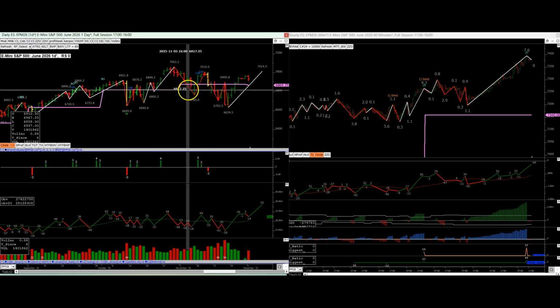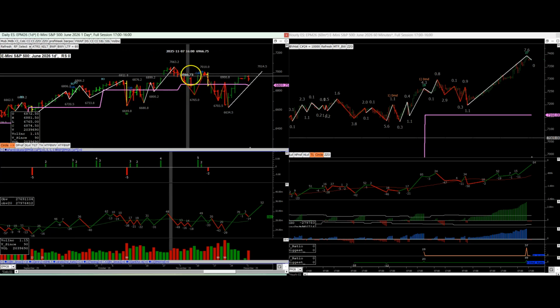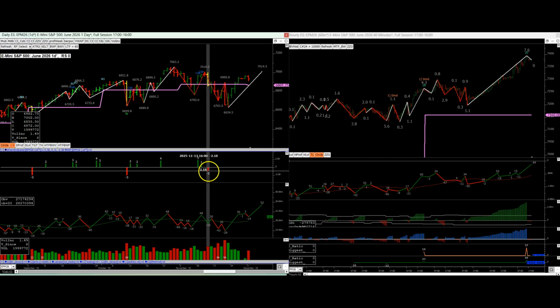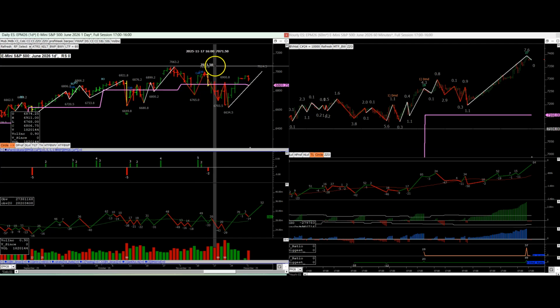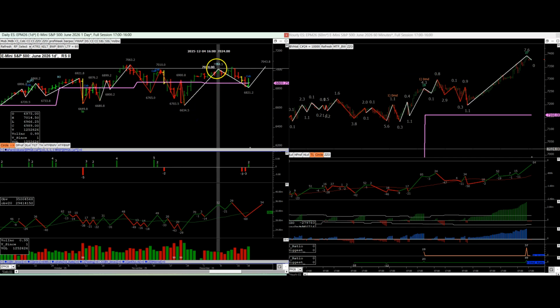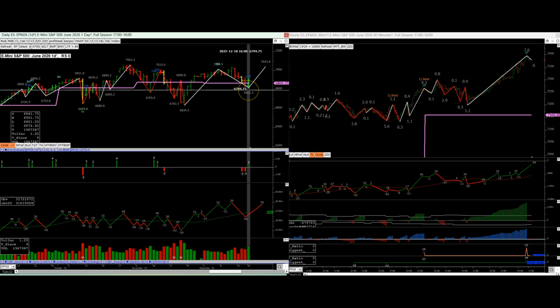But this didn't make a new high. In fact, it got taken out. So that's this selling here. Otherwise, it would have made a higher high. That's fine. It goes, dips below, and then finally it rallies and reestablishes. And then I'm waiting right there.